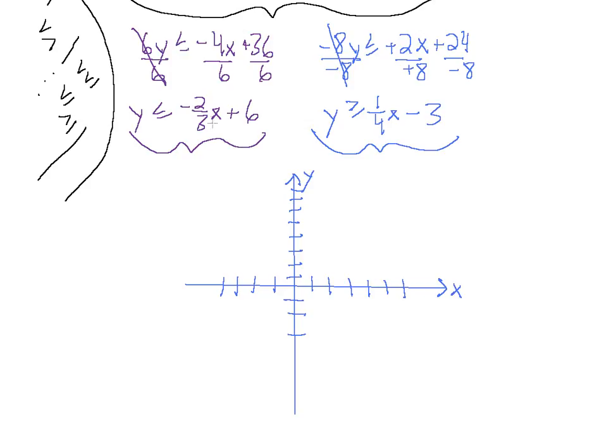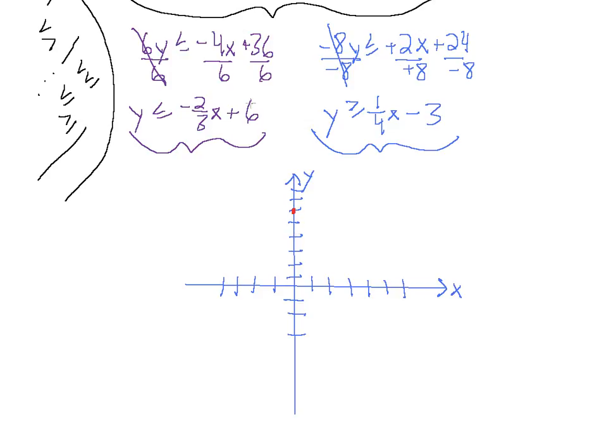A very quick way, when we have it in slope-intercept form, is to use the y-intercept as one point, and use the slope to graph a second point, and then connect the dots with a line. The y-intercept is where x is equal to 0, so if we plug in 0 here, we get y is equal to 6. So this line crosses the y-axis at y equals 6. So 1, 2, 3, 4, 5, 6, right here.